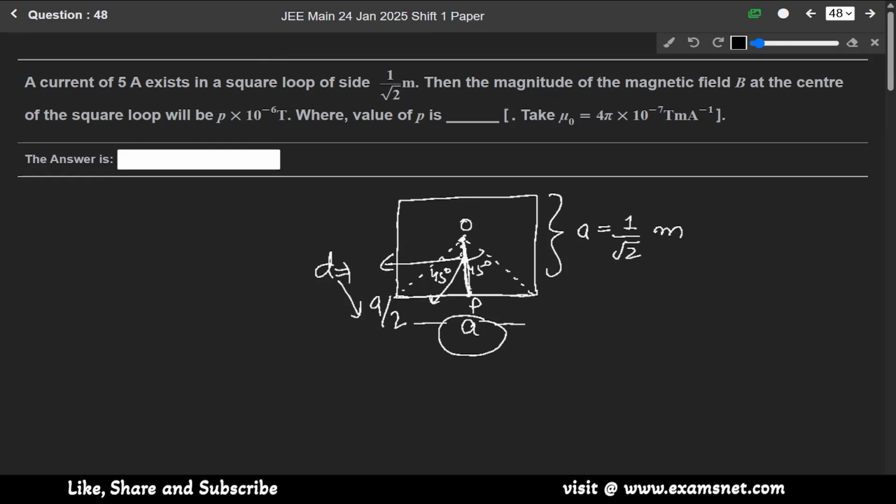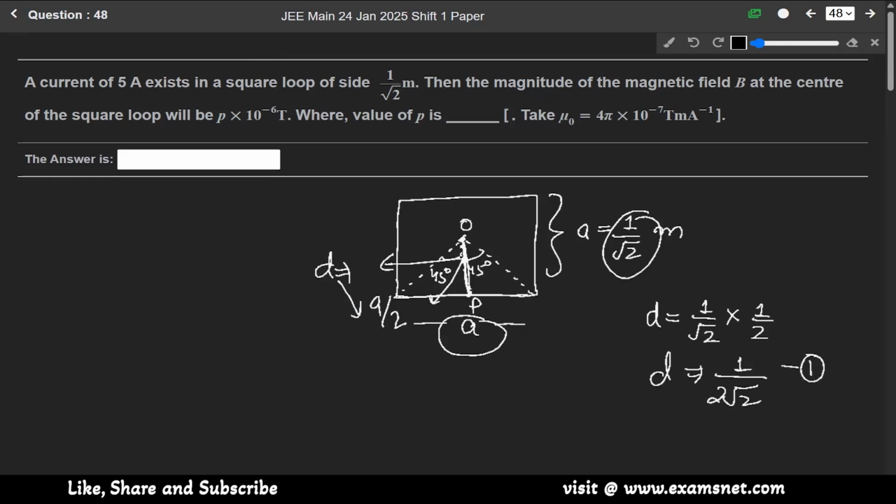Okay. So if it is A by 2, then D will be equal to A by 2, and A is 1 by root 2. So it will be 1 by root 2 into 1 by 2, so it will be 1 over 2 root 2.